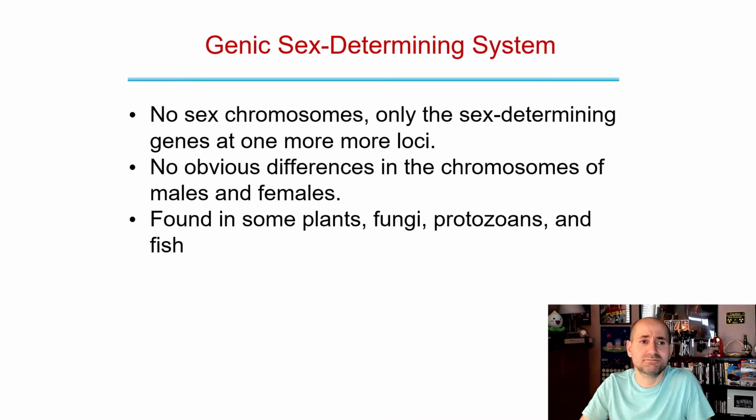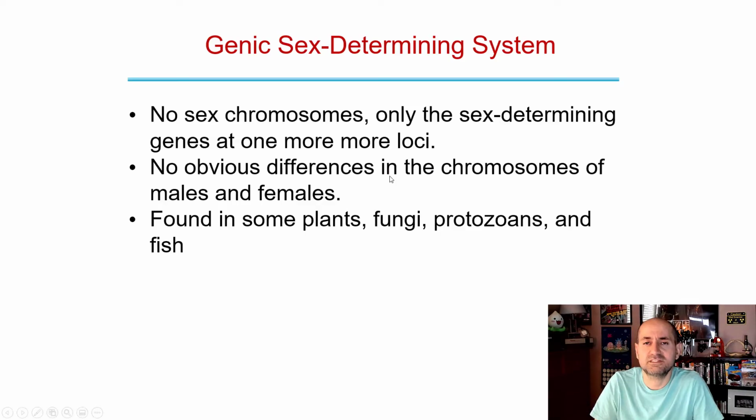Now, there are some interesting creatures out there, including some plants, fungi, protozoans, and fish, that don't have sex chromosomes at all, and they call this the genic sex determination system. There's no X and Y or ZW or ZZ. The only sex-determining genes are found on autosomal chromosomes.